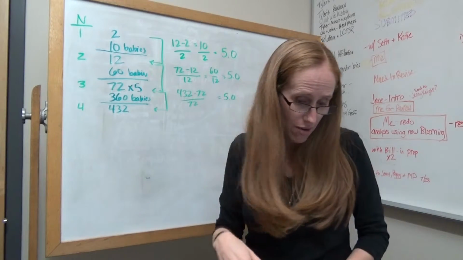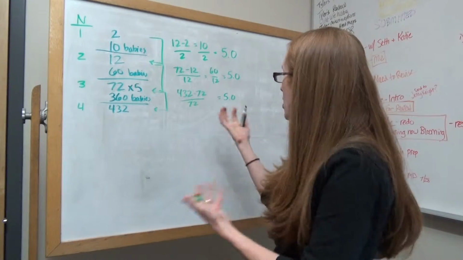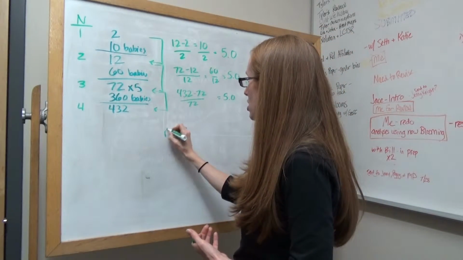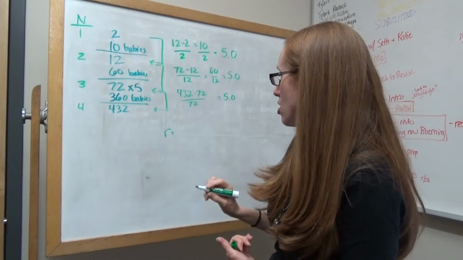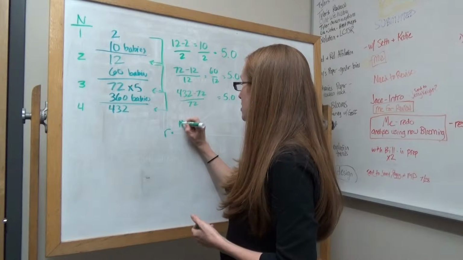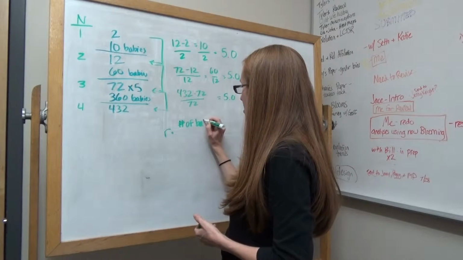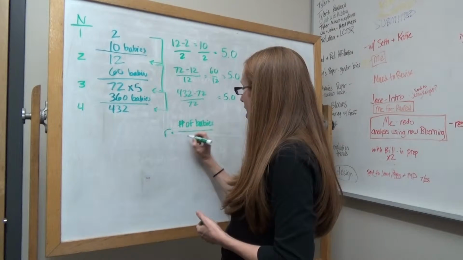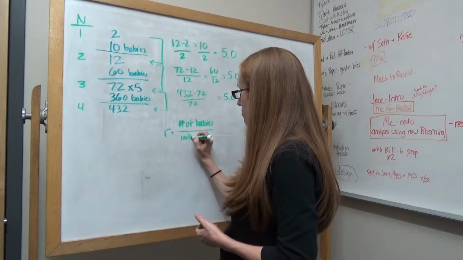And then they're supposed to write for number 8 a generic expression, like how did I do this? Well, in order to get that rate of 5.0, I took the number of babies and I divided it by the initial population.